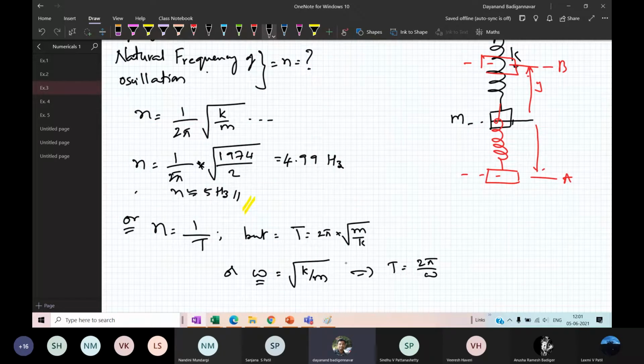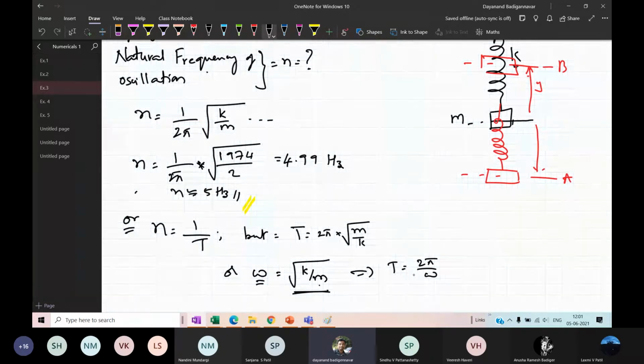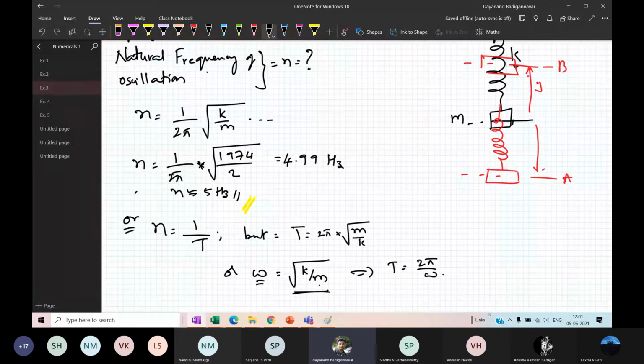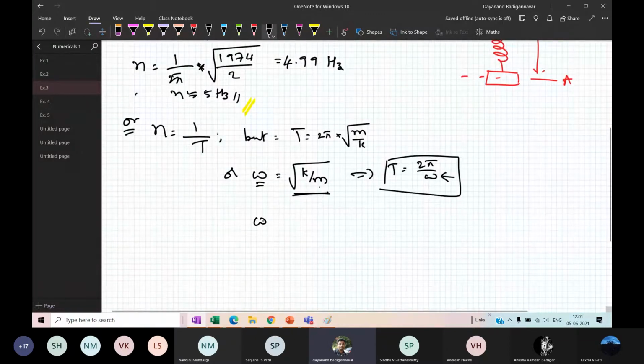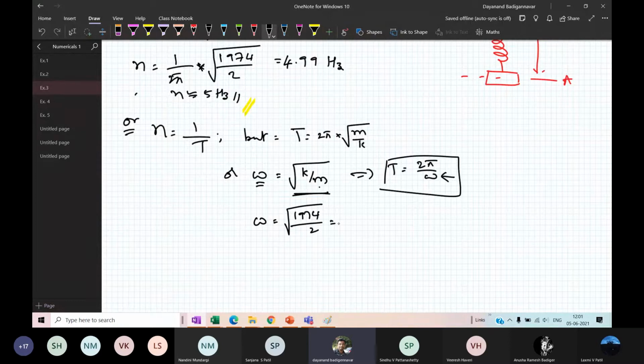Once you get omega, you substitute it in the formula, you get the value of t, and you get the same answer. So if I evaluate omega equal to root of k by m, that is 1974 divided by 2, so that is equal to 31.41 radians per second.